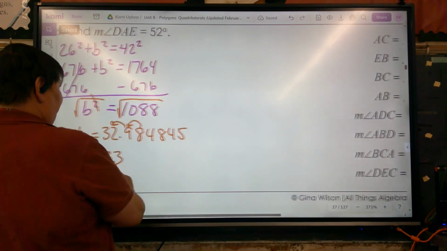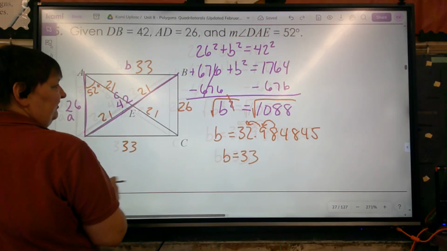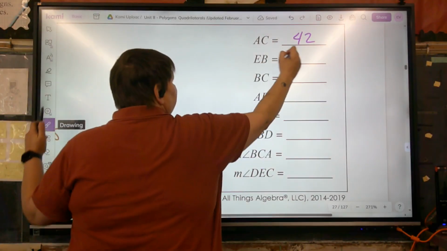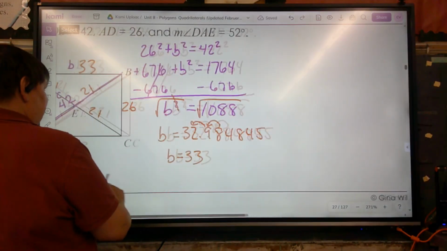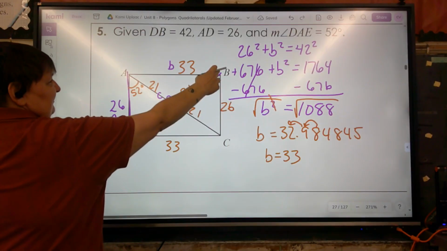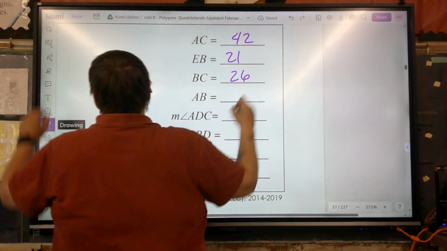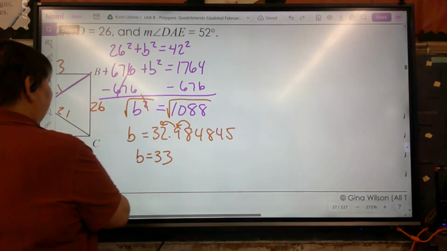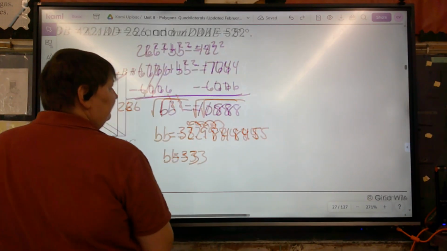E to B. So half, 21. And then B to C. B to C is our 26. A to B. A to B is our 33.